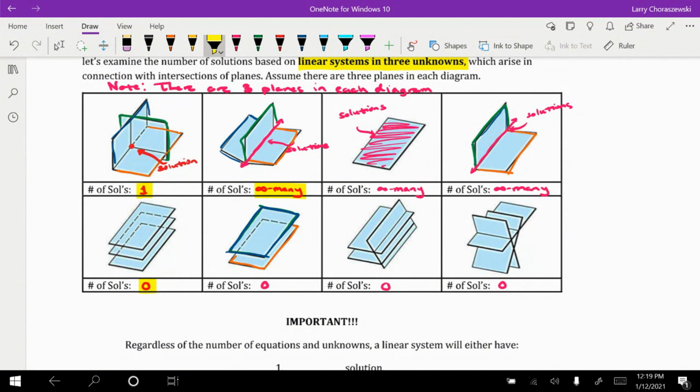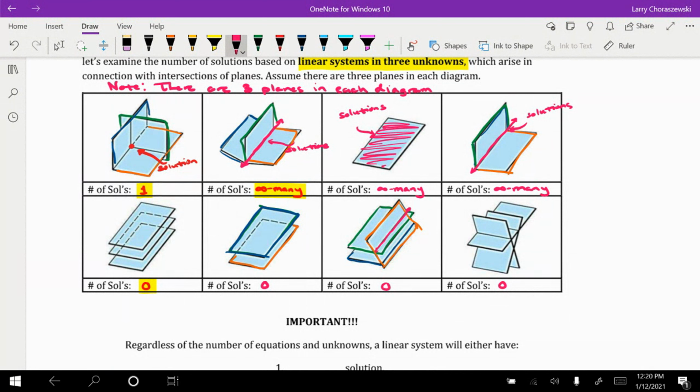And before I make the jump to the overarching concept here, a solution to a system such as this would have to be a point that's on all three planes at the same time. Now, if we just consider two planes, maybe the green and the orange one, then these would represent solutions. But that would be only if we had two equations with the three unknowns.